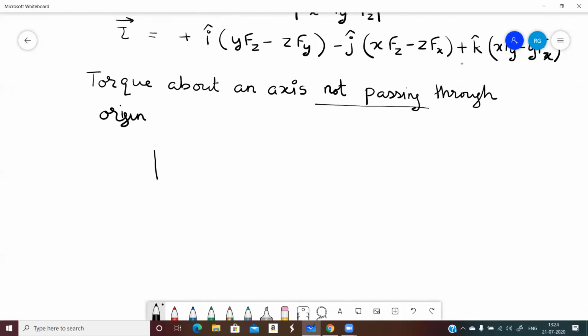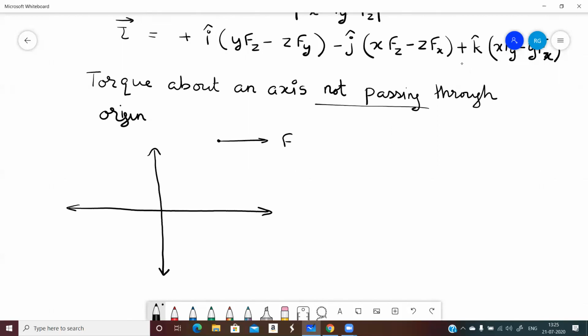Suppose these are the x and the y axis. A force is applied at this point.